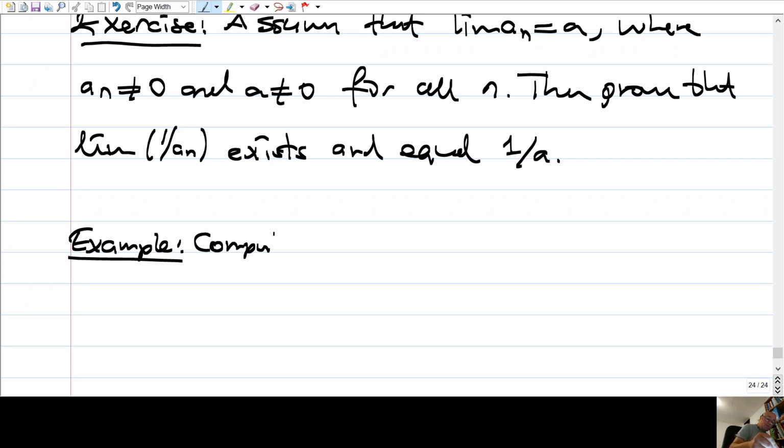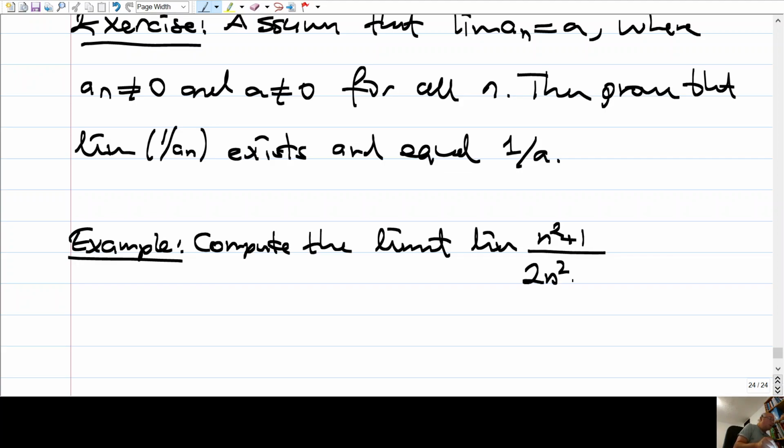Compute the limit as n goes to infinity of (n squared plus 1) divided by (2n squared plus 3n plus 4).